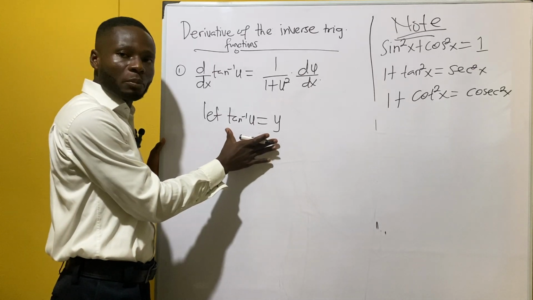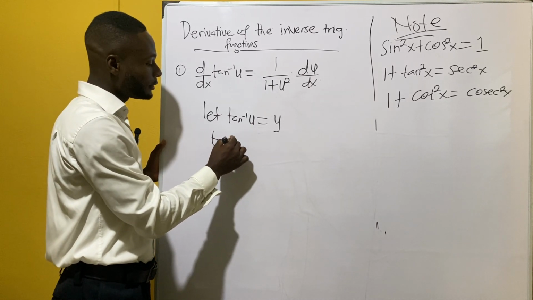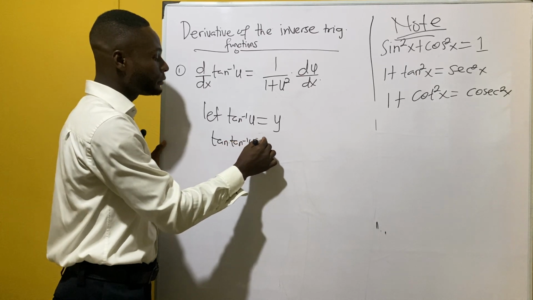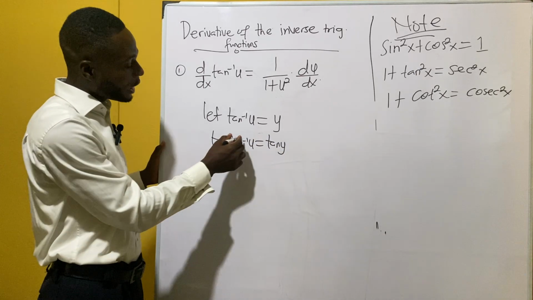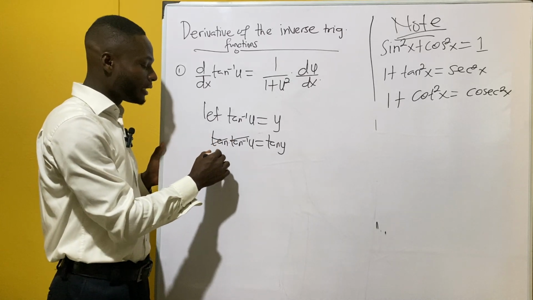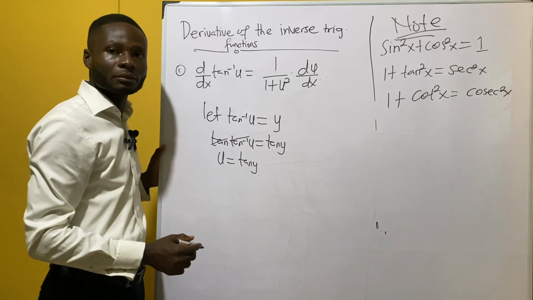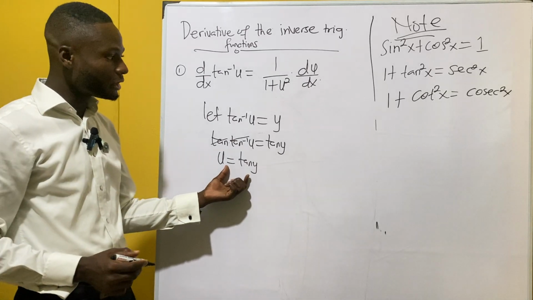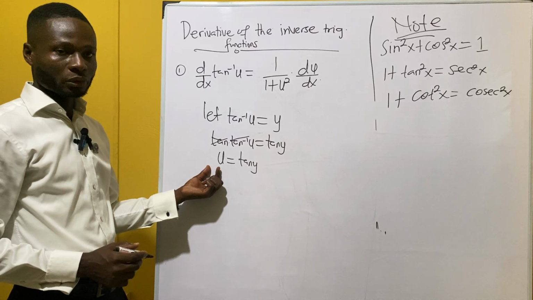Now we multiply both sides by tan, right? So we have tan times tan inverse of u should be equal to tan y, right? So now this takes off this, and then we have u equals tan y, right? So we use the chain rule to differentiate this, and we differentiate this as well.